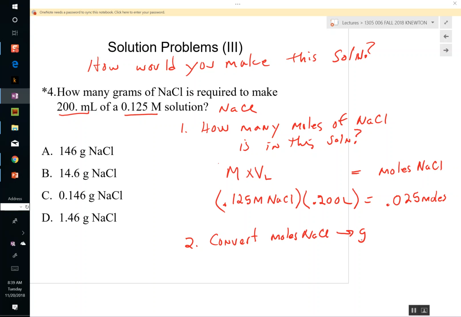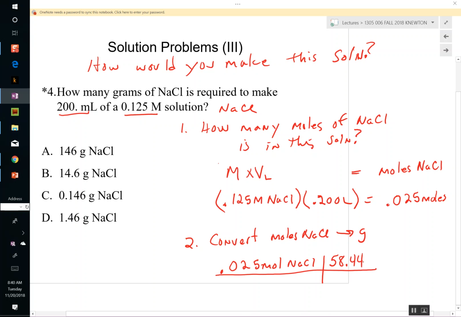Follow that? Luke, you with me? Okay. So we've got 0.025 moles of NaCl. We have figured this one out many times before. 58.44. So we add up 1 sodium, 1 chlorine, 58.44 grams of NaCl per mole. How many grams? 1.46.